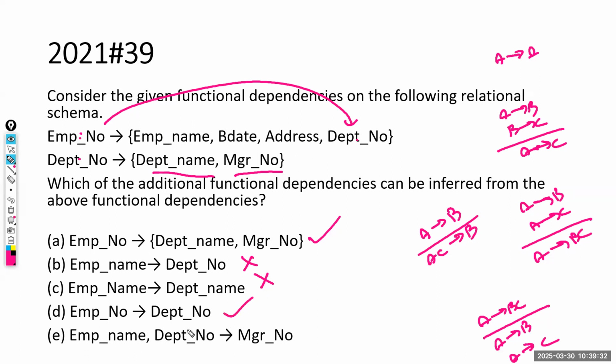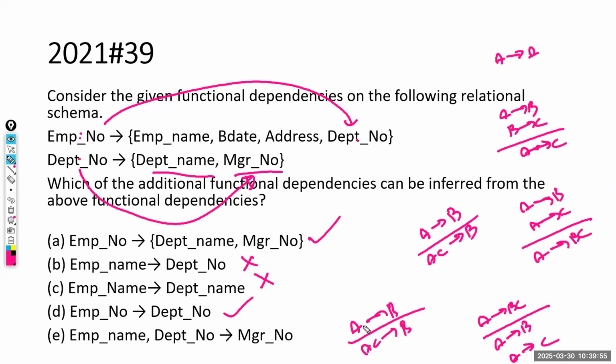Employee name, department number determines manager number. Remember, department number determines manager number. That is fine. But when department number is connected with employee name, it must be manager number and employee name, right? So we can't say that if A determines B, then AC determines B. There's no such rule, right?